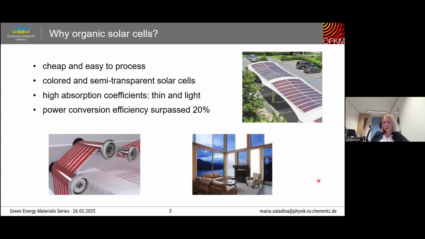Due to their high absorption coefficients, they can be very thin and light, so we can put them on roofs, for example, which cannot take much load. Recently, power conversion efficiencies have surpassed 20%. So yes, the future is really bright for organic solar cells.